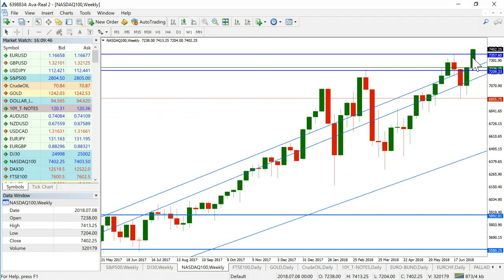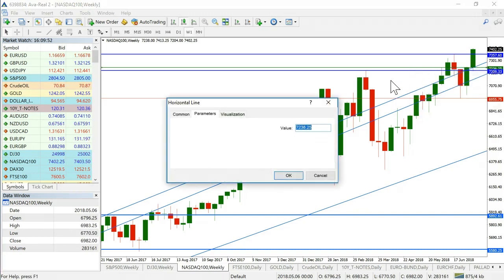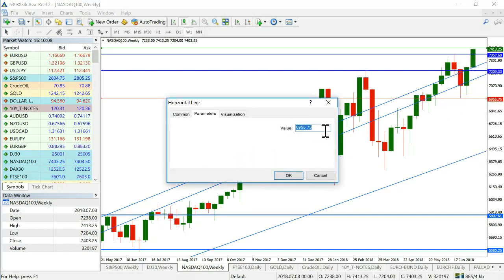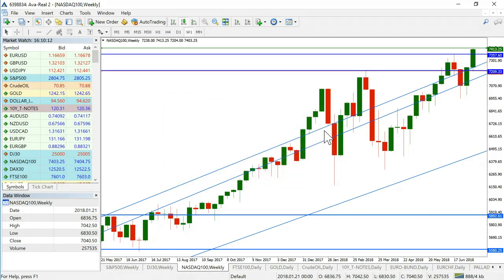So let's take note of the high, which is the 74.13. And to the downside, we can look at the 72.04 level. Right, those are the levels for the Nasdaq.